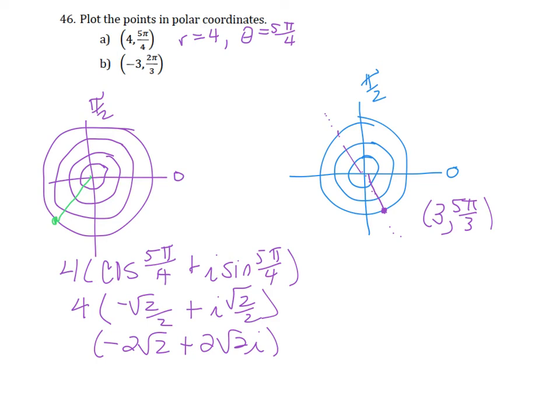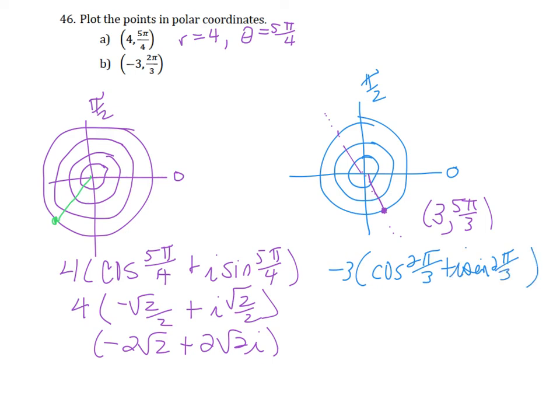And then if we do that again, that would be negative 3 times the cosine of 2 pi over 3 plus the sine of 2 pi over 3 I. Let's put the I in front here.